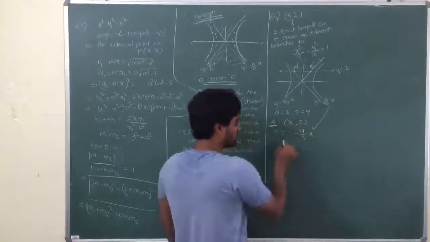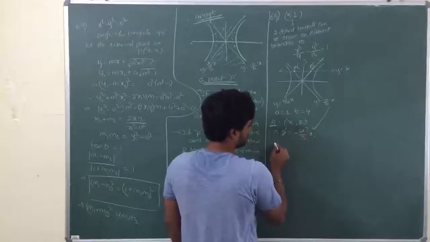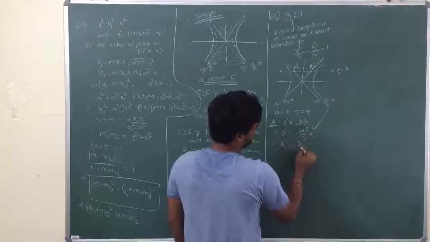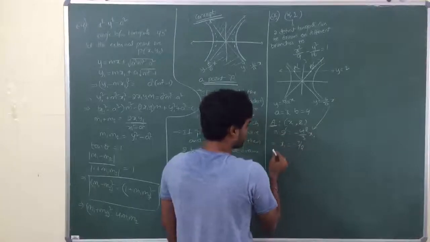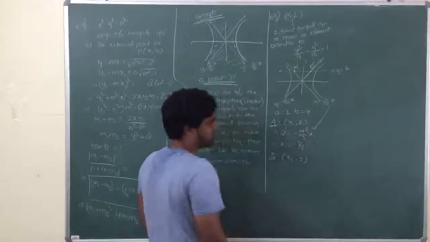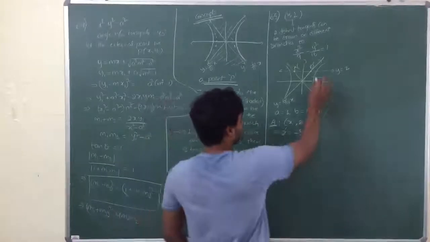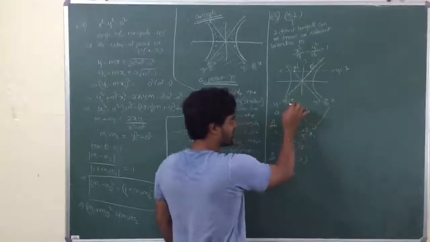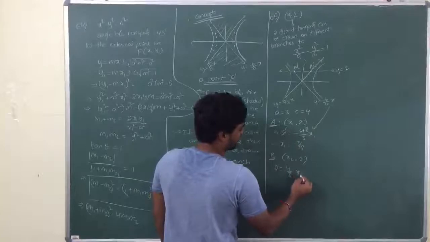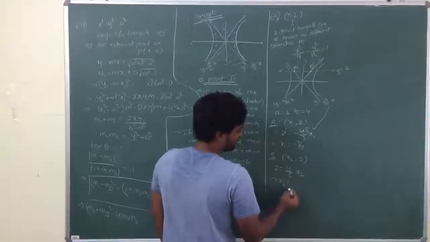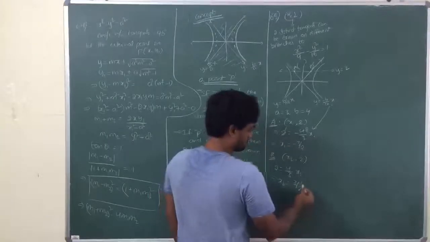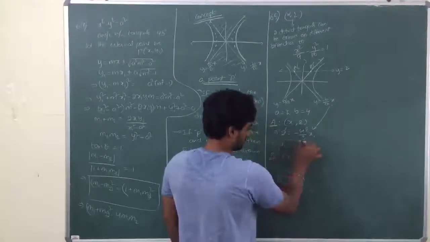So x1 is equal to minus 3 by 2. Next point B, suppose it is x2 comma 2. Point B lies on y is equal to b by a x. So 2 is equal to 4 by 3 into x2. So x2 is equal to 3 by 2.